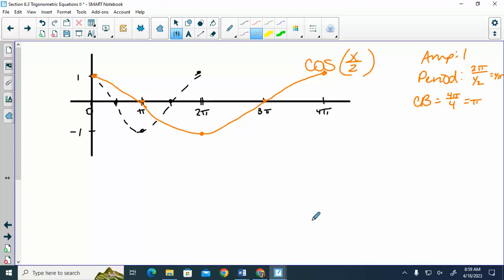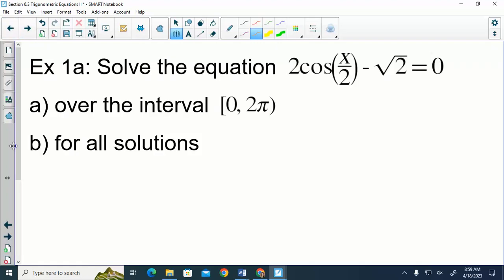No. So it changes things. Now, there are a couple ways of doing this. We could use that period to solve it. But what I like to do is just solve it like normal, and we'll worry about the difference in the angle at the very end.